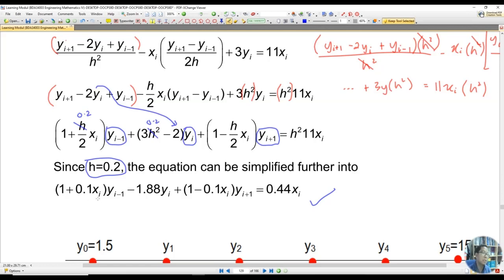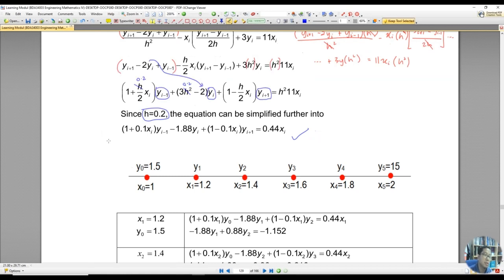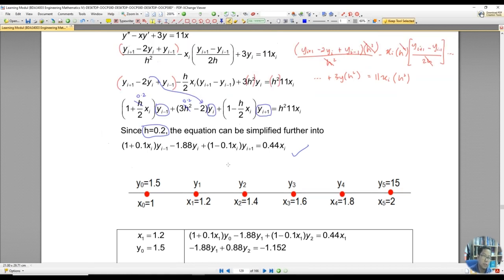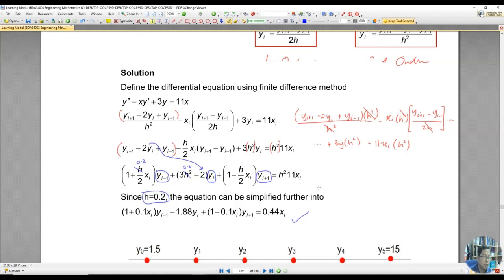From this equation, if in the final exam you already get this, I think you get slightly half marks.